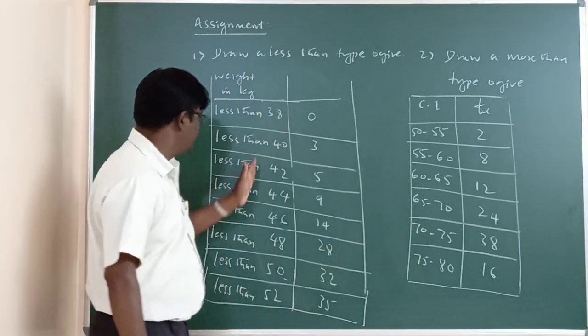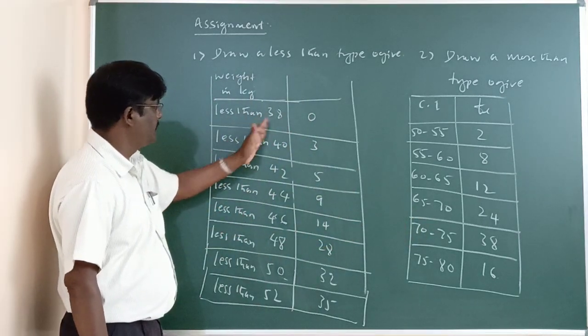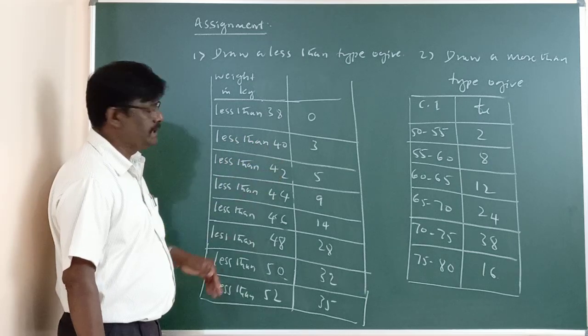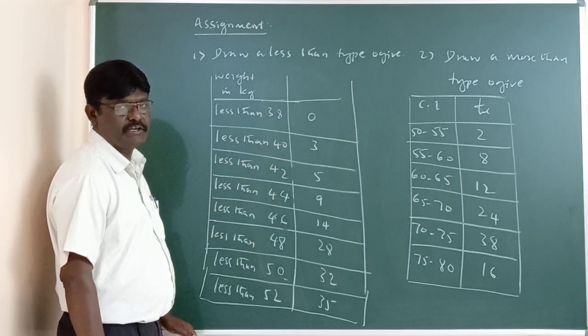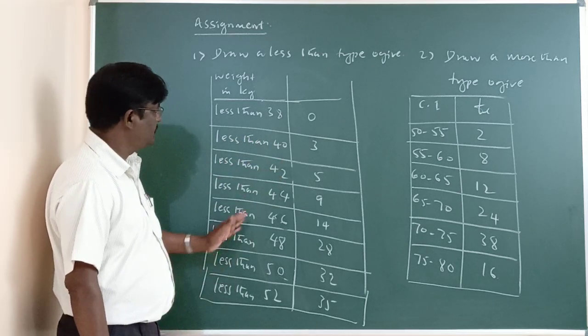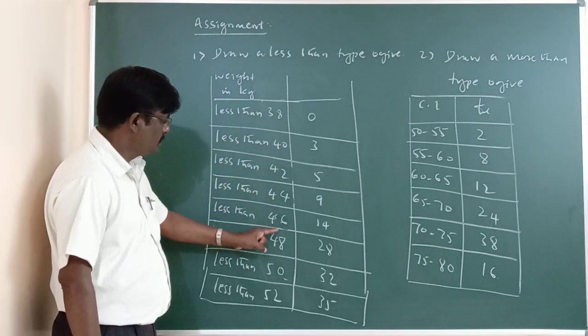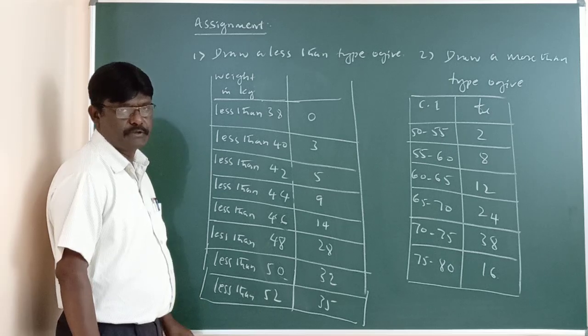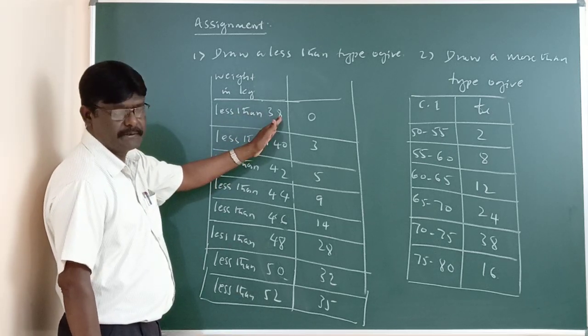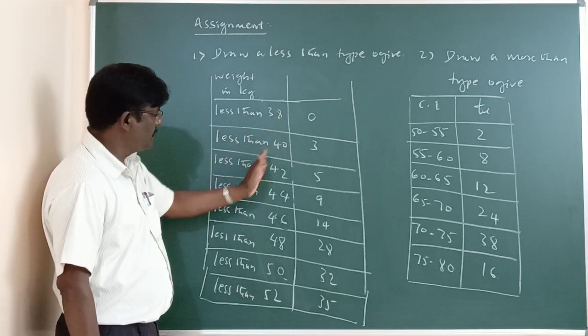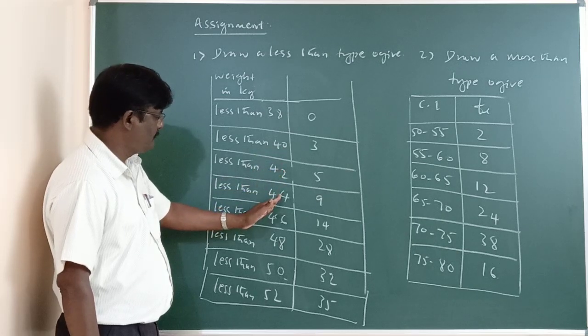If it is given in words, less than 38, less than 40, what does this mean? Here, less than 38 means these are the upper limits. Okay, less than 38, less than 40, less than 42, 44.